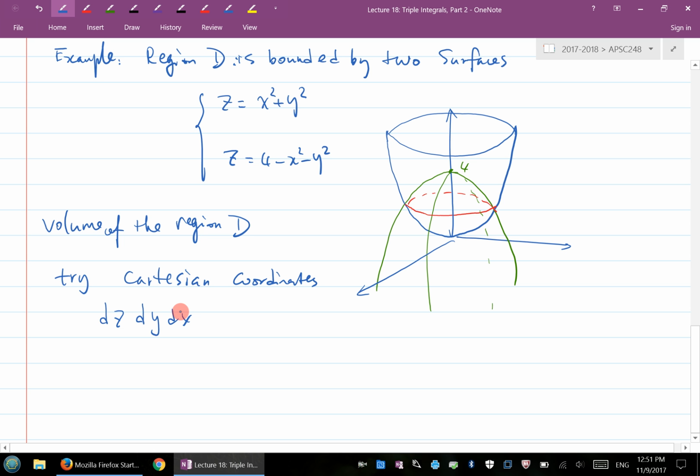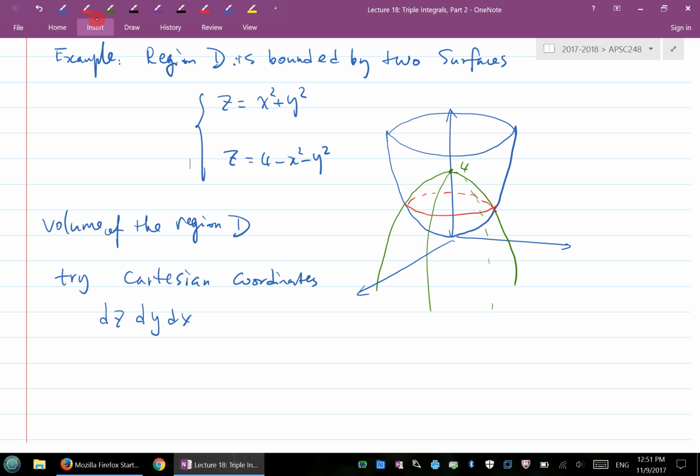If this is the order we're going to use, then the next step is you need to sketch the shadow of the region D in which plane? In the xy plane, right? So if you project this whole region D into the xy plane, you will get a circle here.